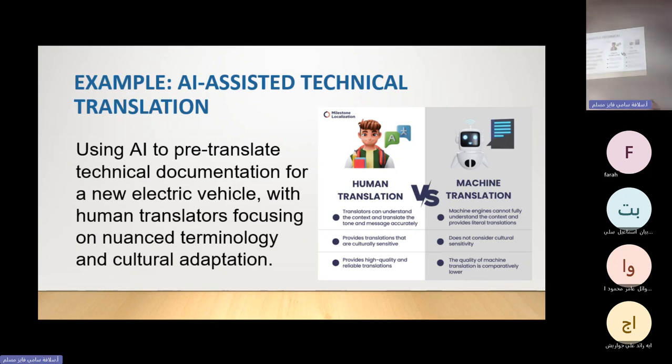مثلا إذا بدنا نقارن بين الهيومن ترانسليتر والماشين ترانسليتر، الهيومن شو معناتها؟ Understand the context and translate the tone and the message. الماشين for example understand the context and provide literal translation. ما بيفهموا المشاعر اللي ورا النص يلي بده يترجم زي الإنسان.